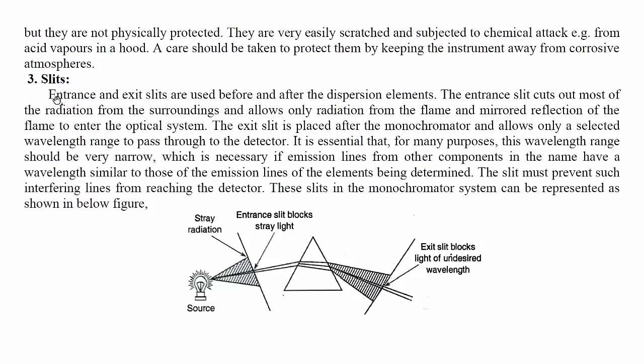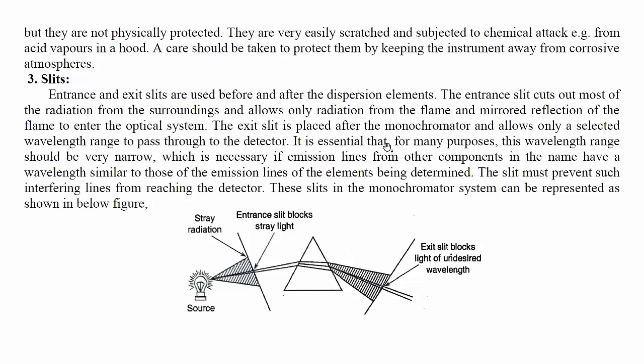3. Slits. Entrance and exit slits are used before and after the dispersion elements. The entrance slit cuts out most of the radiation from the surroundings and allows only radiation from the flame and the mirrored reflection of the flame to enter the optical system. The exit slit is placed after the monochromator and allows only a selected wavelength range to pass through to the detector.